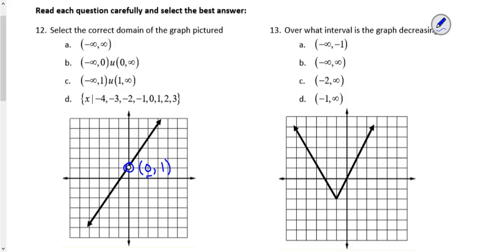So where x is 0, the graph does not have a domain. So we would have to say from negative infinity, comma, all the way to 0, takes care of that part. And then we would say from 0 to positive infinity. So the correct choice would be B.